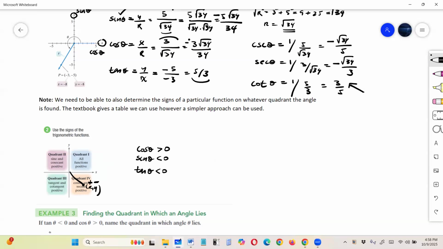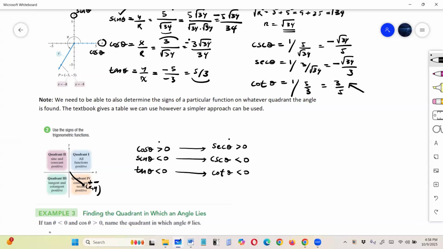Once I have the basic three, I will find their reciprocals. Cosine positive, secant theta greater than 0 because it's the reciprocal. Sine negative, cosecant negative. Tangent negative, cotangent negative.